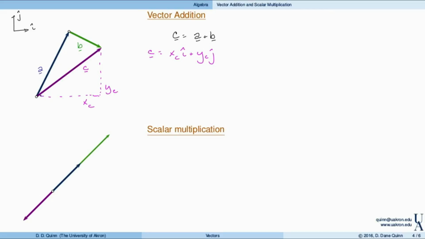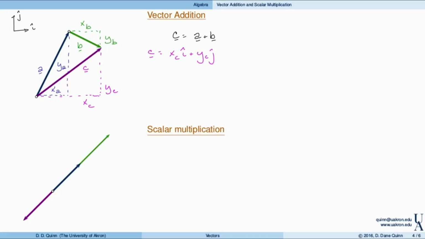Now let's look at a. We would have xa and ya, and then for the vector b, xb and yb. Now notice that here this component of b in the j direction is downward, so yb would be a negative number in this case.